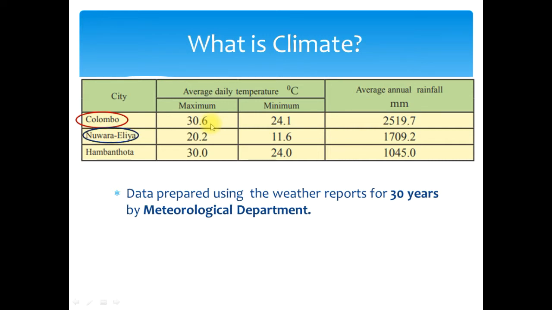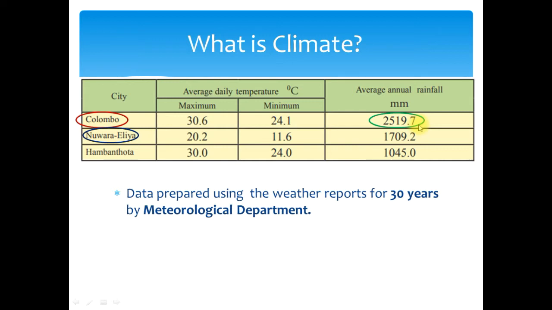That is Nuwara Eliya. The temperature is 11.6 degrees Celsius. Which city has the highest rainfall? That is Colombo. Rainfall is 2519.7 millimeter.